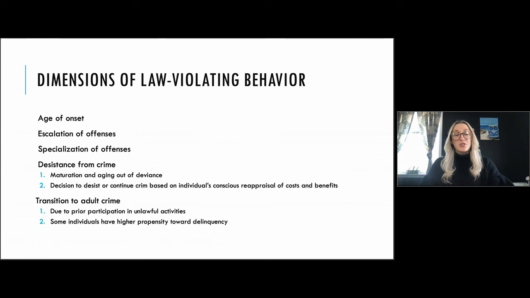So they say that the transition into adult crime can be either due to prior participation in unlawful activities, or some individuals simply have a higher propensity toward delinquency for those factors that I mentioned.